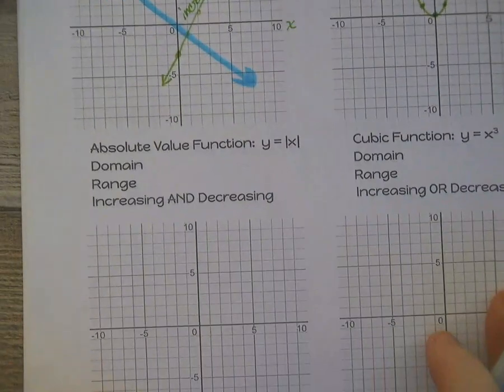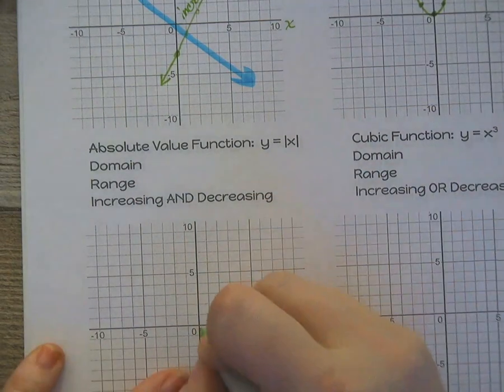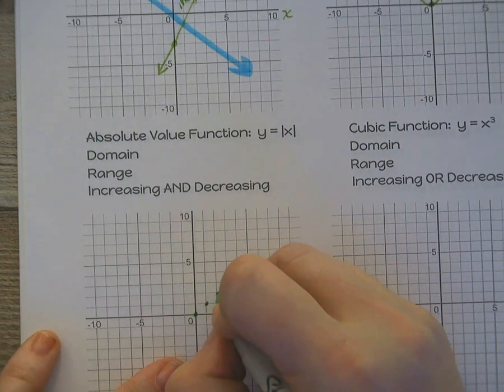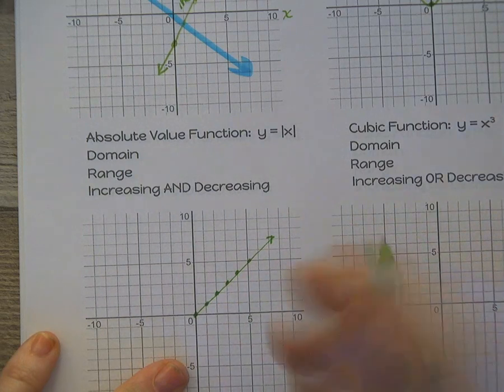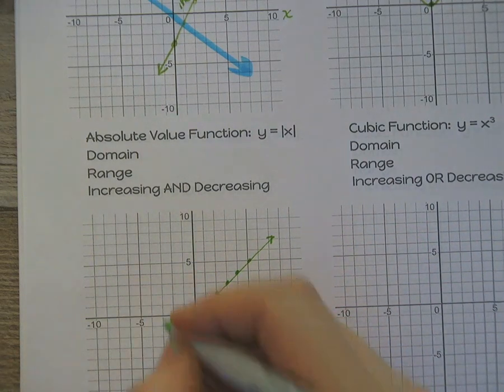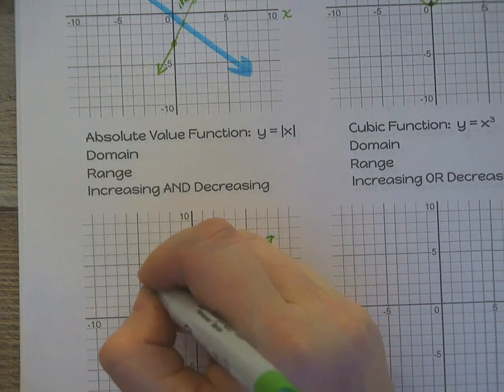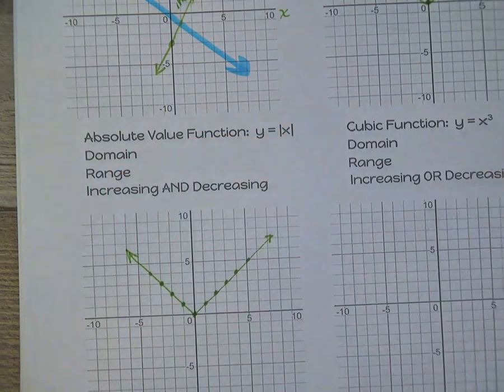The next function family is the absolute value function. This is again going to hit at 0, 0. Then going up 1, 1, 2, 2, 3, 3, like this. It's also going to reflect over the y-axis, so it's going to be negative 1, 1, negative 2, 2, negative 3, 3. We get what's considered a V-shaped graph.